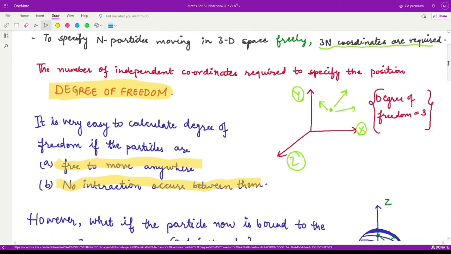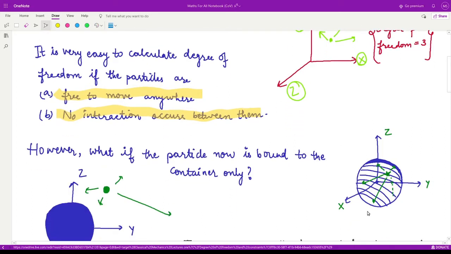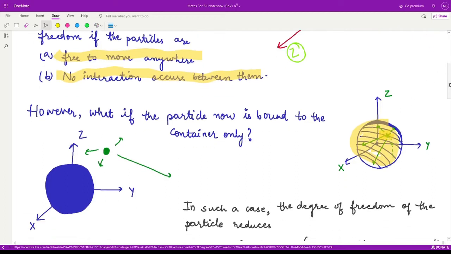However, what if your particle now is bound to a container only? For example, you have a sphere here and some particle is moving inside this sphere only. It cannot move outside this sphere, right? So now we have bound the movement of this particle inside the sphere.